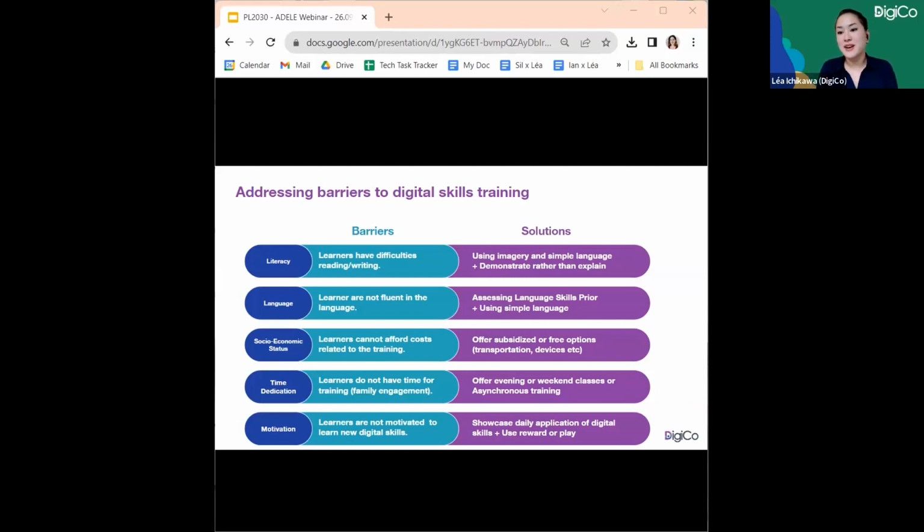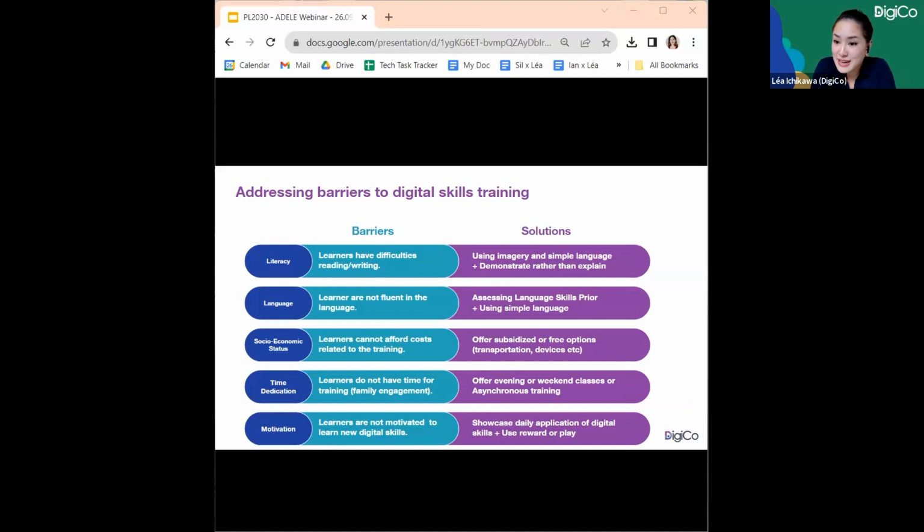So for example, if you're running a session, you can just show how you do it with the mouse. A few other examples: for people who are from foreign nationalities and cannot speak the language fluently, we also see that assessing the language skill of the person before getting started in the training is super important, and again, using simple language.